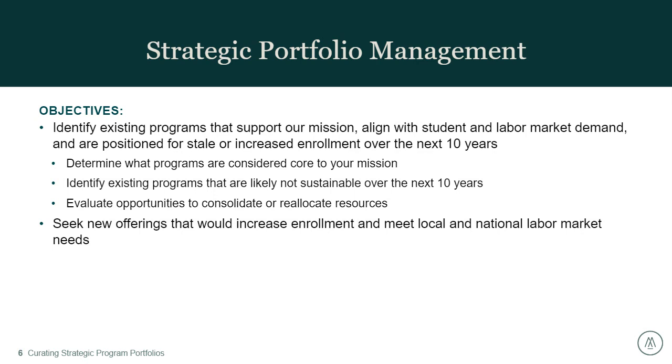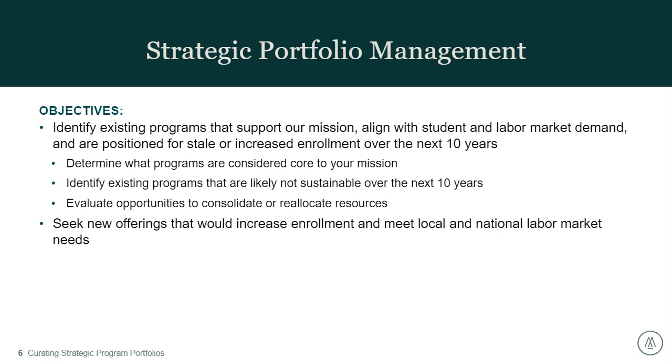On a couple of these bullet points, what programs are considered core to your mission. So you have a number of, I'll call them religious institutions that have certain programs that are core to their mission, and they definitely do not want to cut. That's okay in your portfolio management.